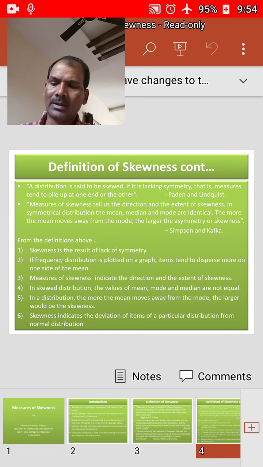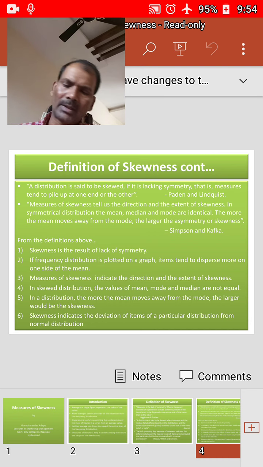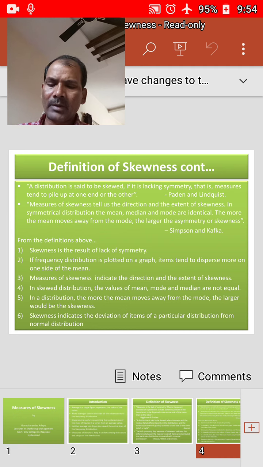That means symmetry. In a skewed distribution, the values of mean, mode, and median are not equal. In a distribution, the more the mean moves away from the mode, the larger would be the skewness, as we have already discussed.